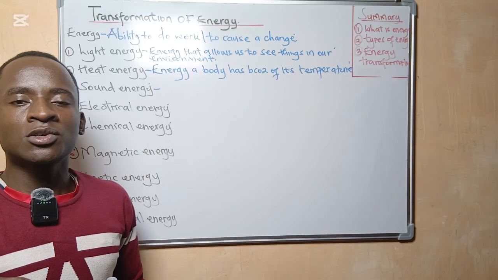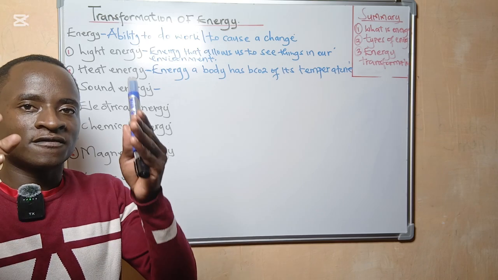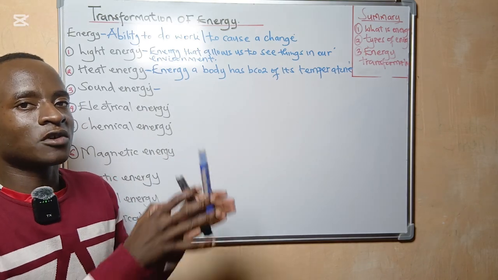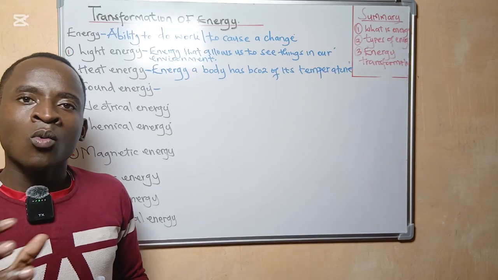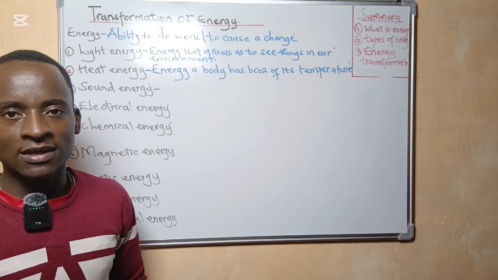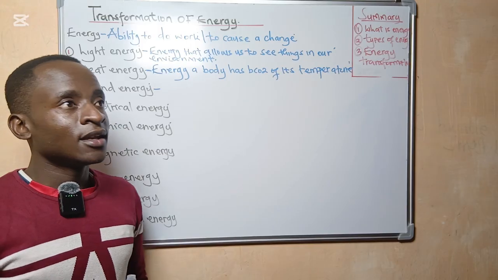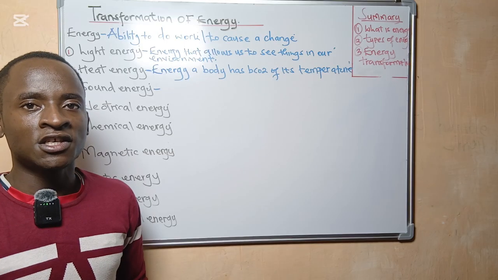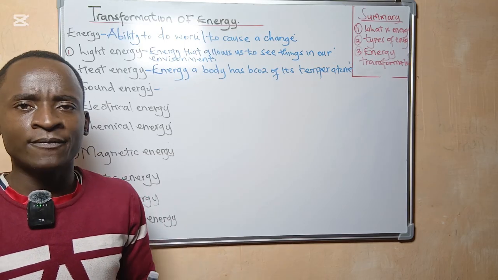We are able to hear the trumpet because of the sound that is emanating from the trumpet, right? Now, what is the exact meaning of sound energy? Sound energy is a form of energy produced by vibration of particles in matter.